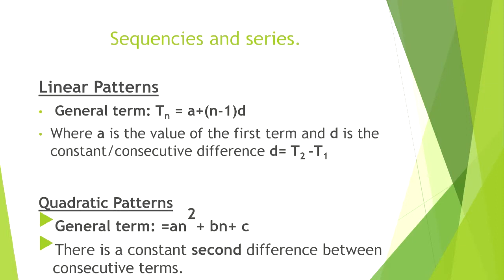The general term for linear patterns is the nth term is equal to a plus open bracket n minus 1 close bracket d, where a is the value of the first term and d is the value of the constant or consecutive difference, and d can be equal to term 2 minus term 1, term 3 minus term 2, term 4 minus term 3, term 100 minus term 99.